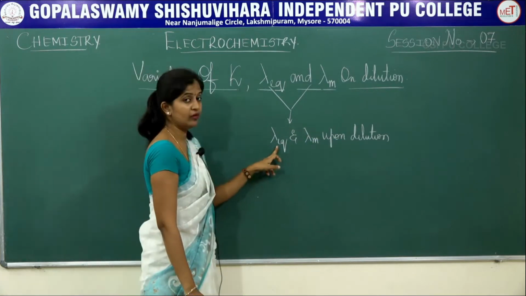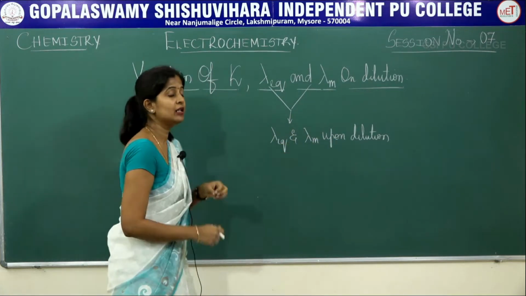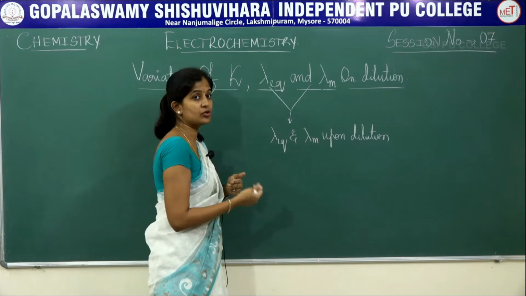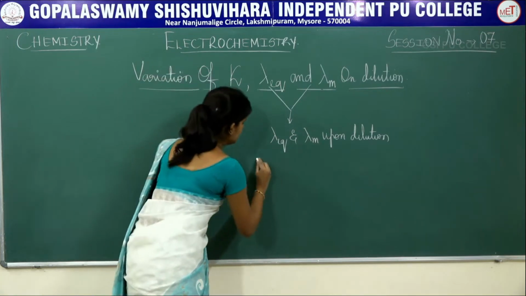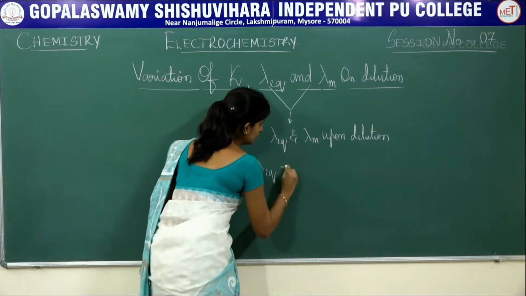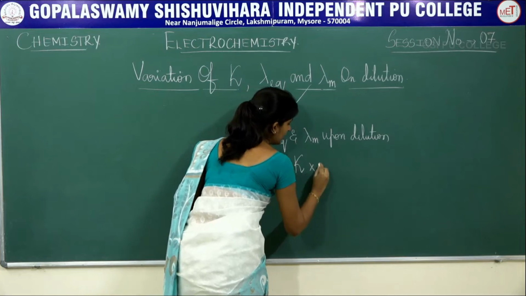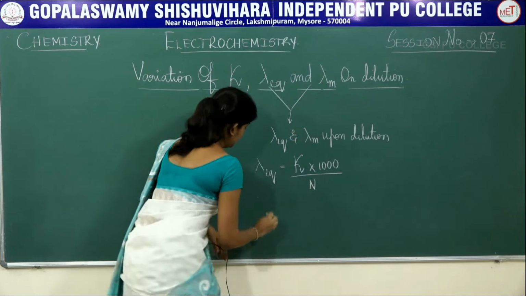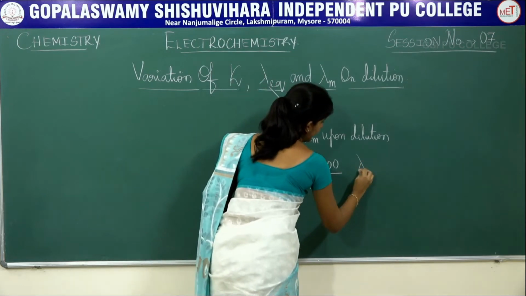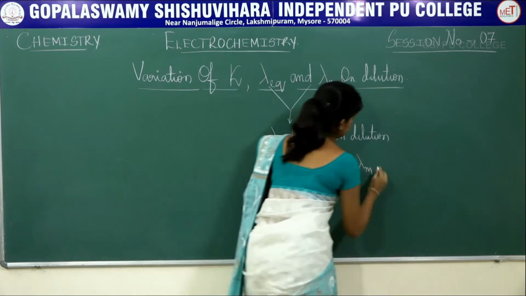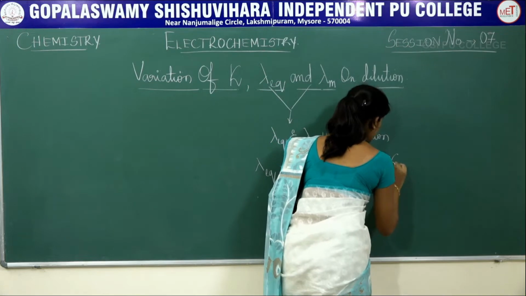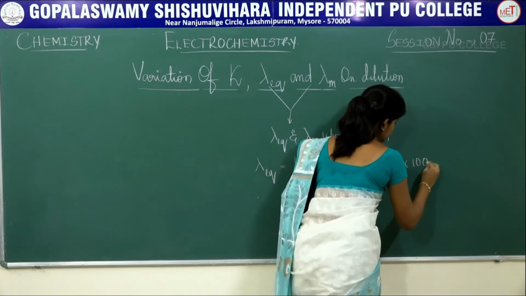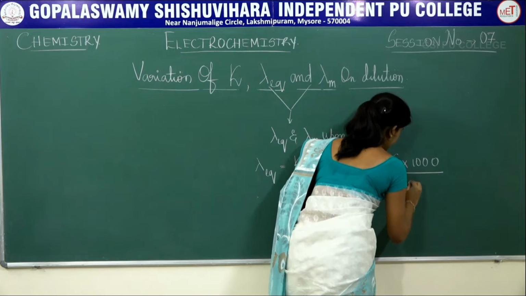We'll have a relation for lambda EQ and lambda M, and thereby I'll be telling what happens to them. Say lambda EQ is equal to kappa into 1000 divided by normality, while lambda M is equal to kappa into 1000 divided by M.